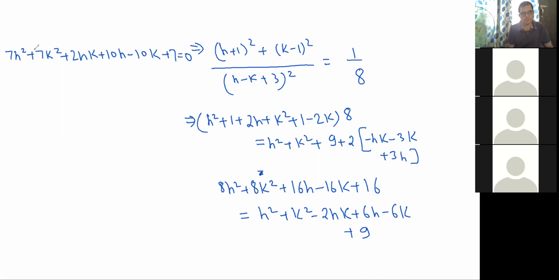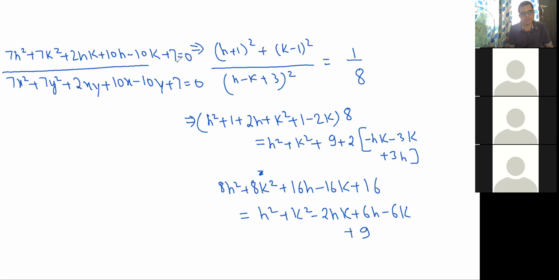Okay, now you replace h and k by x and y. So the final equation is 7x square plus 7y square plus 2xy plus 10x minus 10y plus 7 equal to 0. So this is the final equation of the ellipse. So this is the general equation of the ellipse.